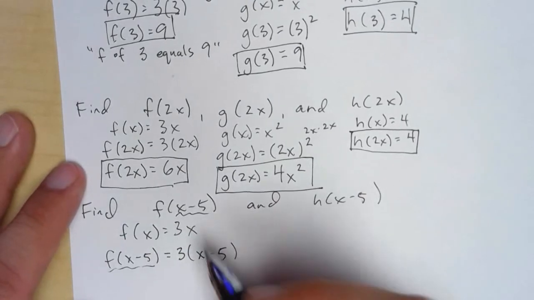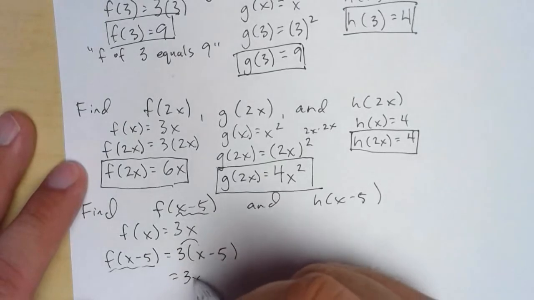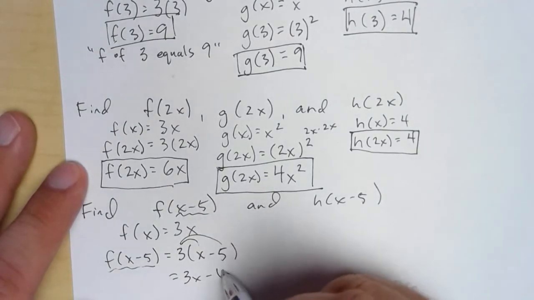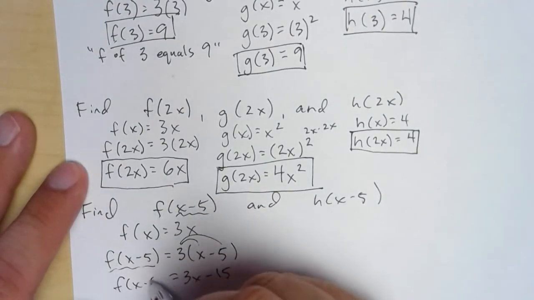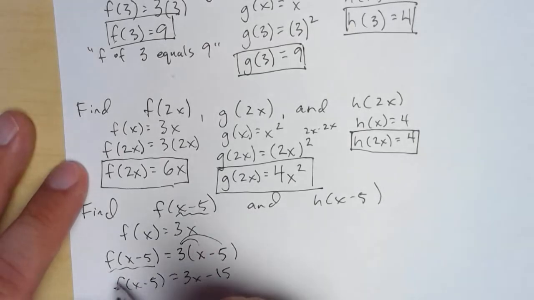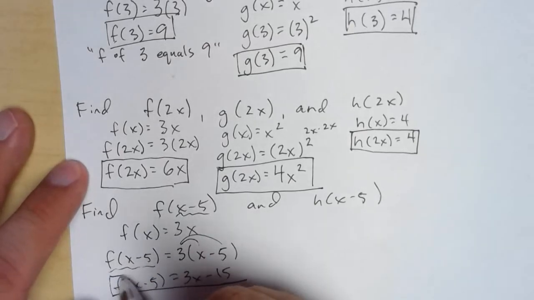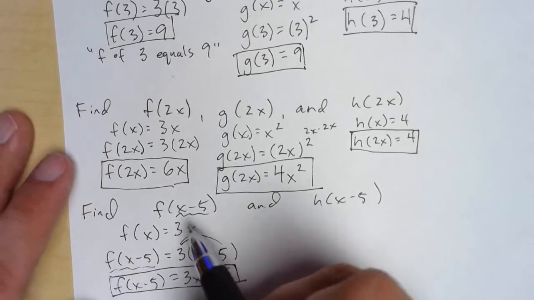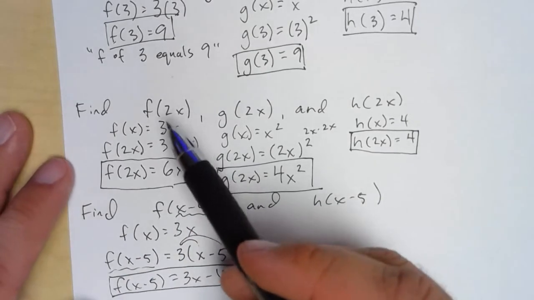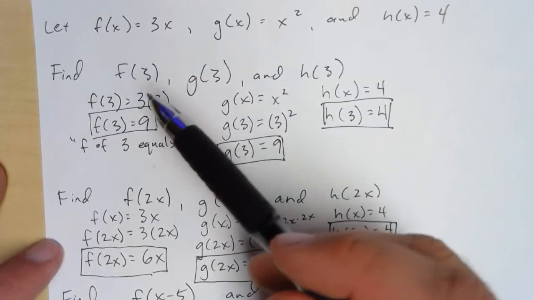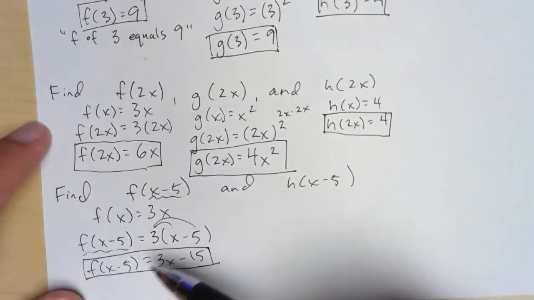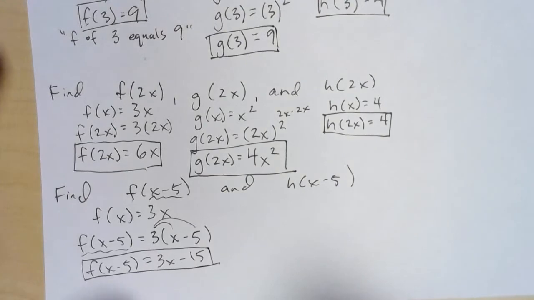We've got some parentheses, so 3 times x is 3x, 3 times negative 5 is negative 15. And f of x minus 5 equals 3x minus 15. So we can put expressions in here beyond just single variables, beyond just one term, beyond just numbers. We can make them as complicated as we need to. For right now, we're going to keep it relatively easy so that you guys are good to go on it.